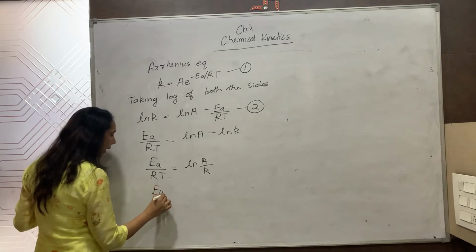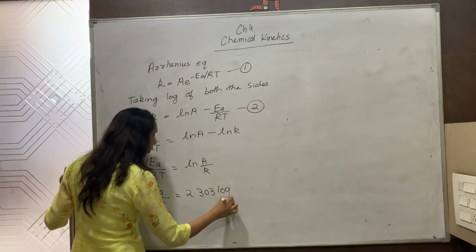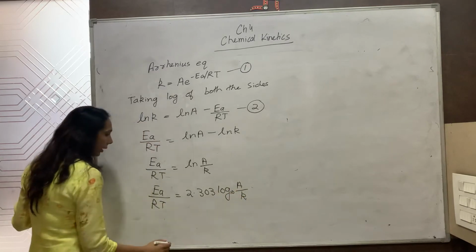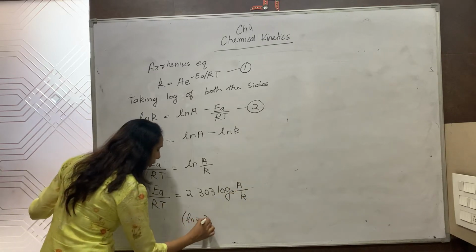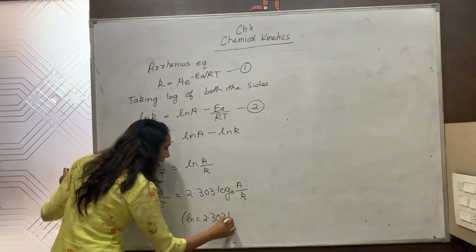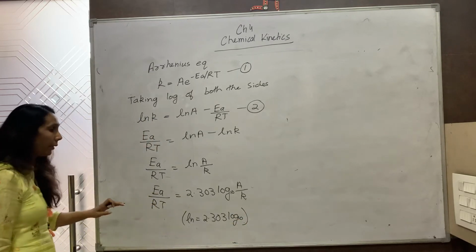And we know that ln is equal to 2.303 log to the base 10 A upon k. Natural logarithm is equal to 2.303 log to the base 10. We have used it earlier also.